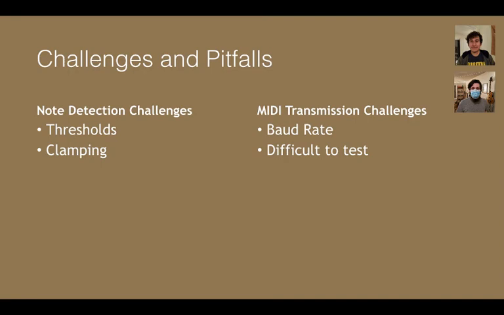So we had to find a way to have a scaling threshold that approximates what the threshold should be based on the input RMS value. And this gives us a good approximation that allows the note detection to work with several instruments and several different volume levels. We also worked on clamping the input signal, and we found some issues with that, and we decided to let the scaling thresholds deal with varying magnitudes rather than clamping.